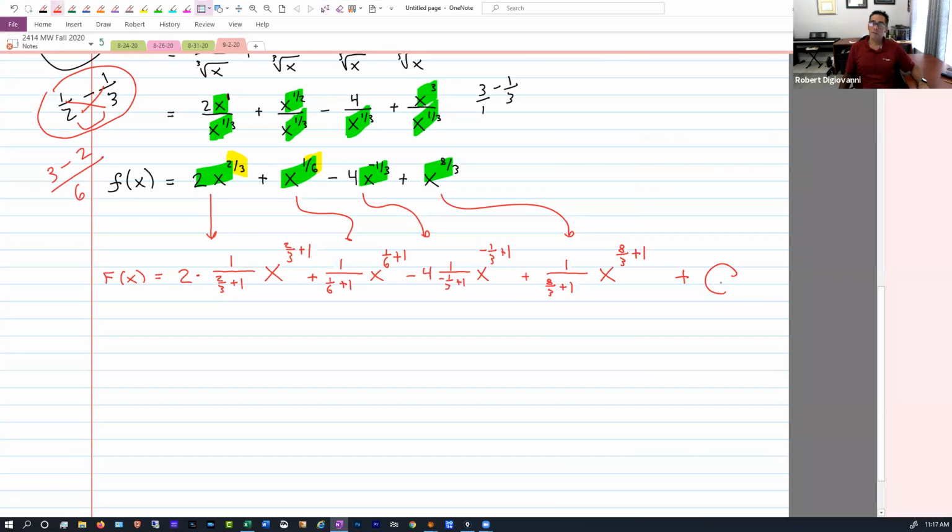Lots of fractions we have to add together now, right? So let me continue. I have 2 times 1 over 2/3 plus 1. Let me tell you real quickly what I'm doing in my head. I'm doing 2/3 plus 1, right? 1 is 1 over 1.